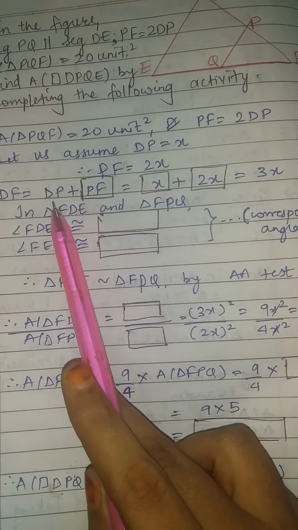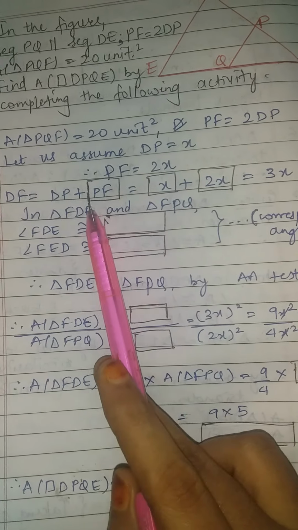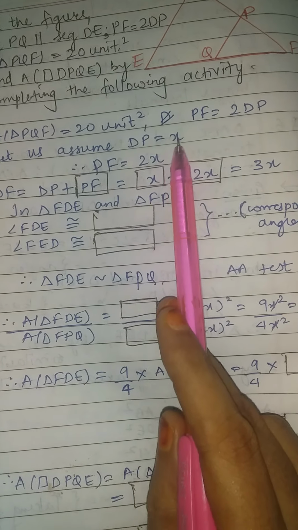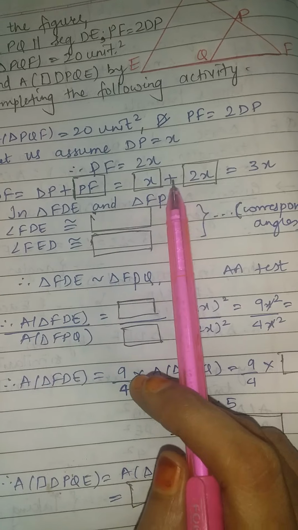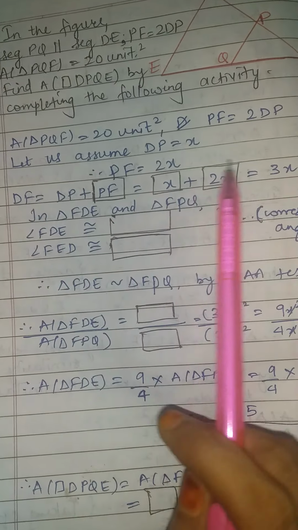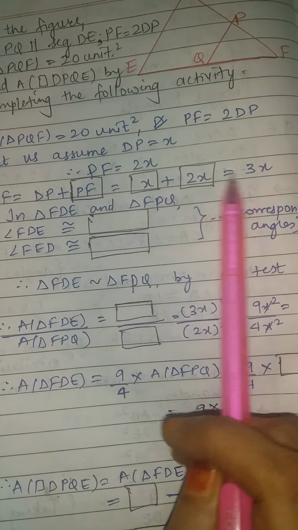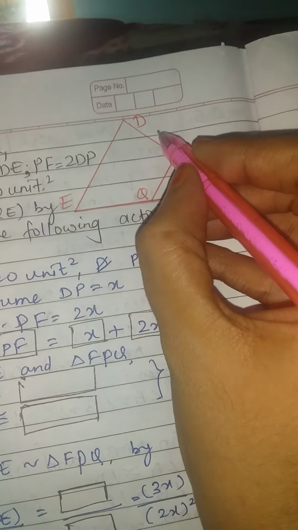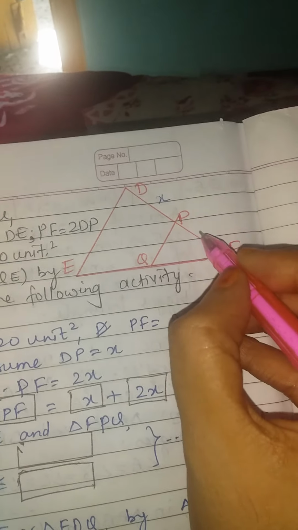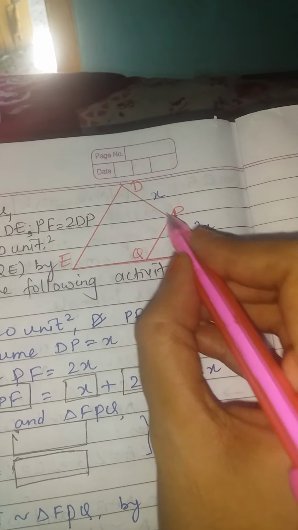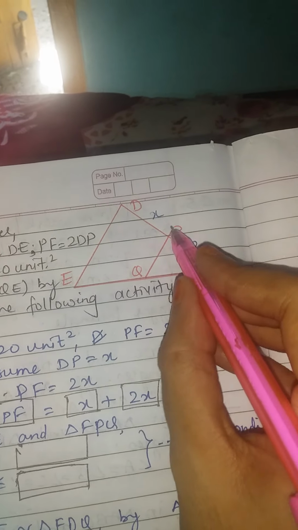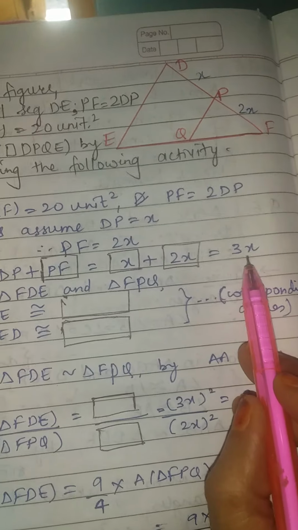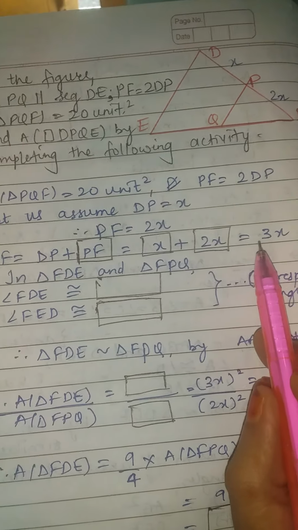We have the values as DP is X and PF is 2X, just now written over here. So after the addition of X and 2X, DF will come out as 3X. We are assuming DP as X, so PF is 2X, and the complete DF will be X plus 2X, that is 3X. Till here we have solved.